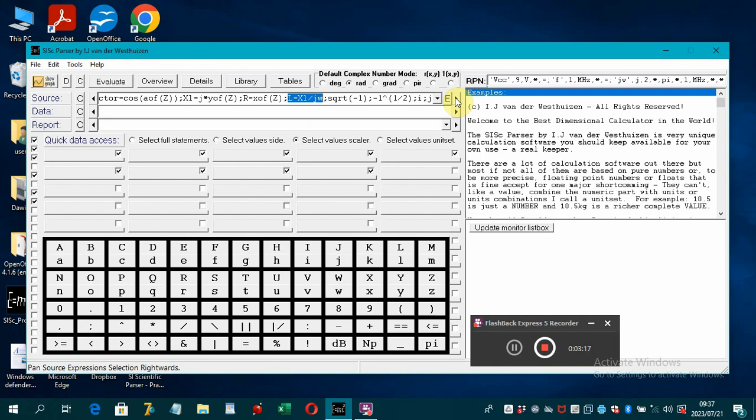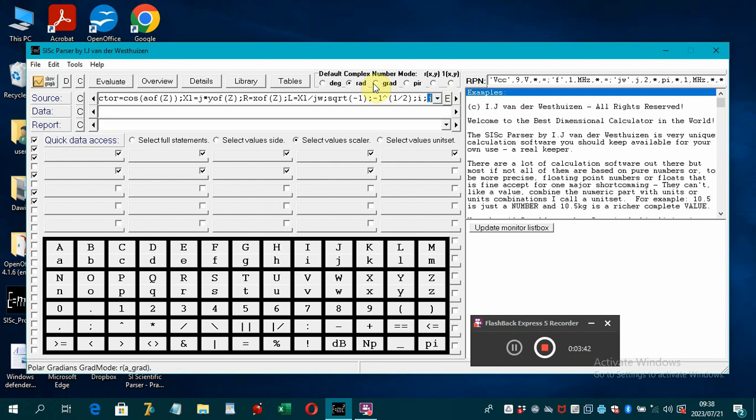JW is angular velocity, but times J. Now, just to show you that the square root of -1 and 1 to the power of a half and I and J are equivalent values. So I just added that part.